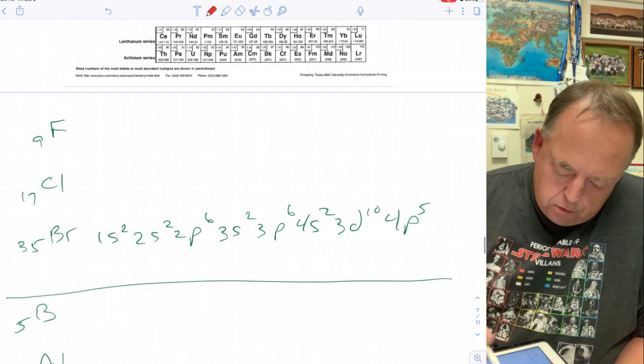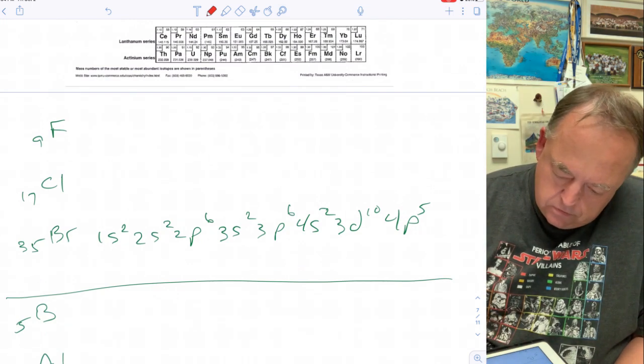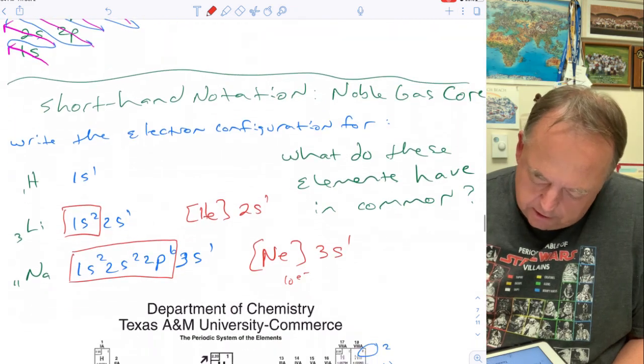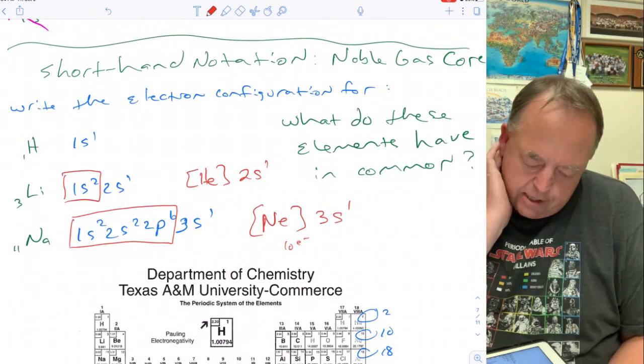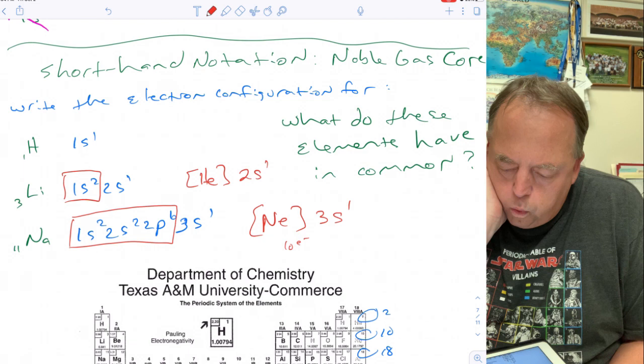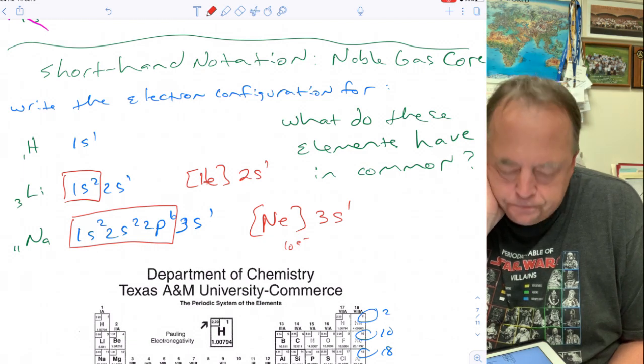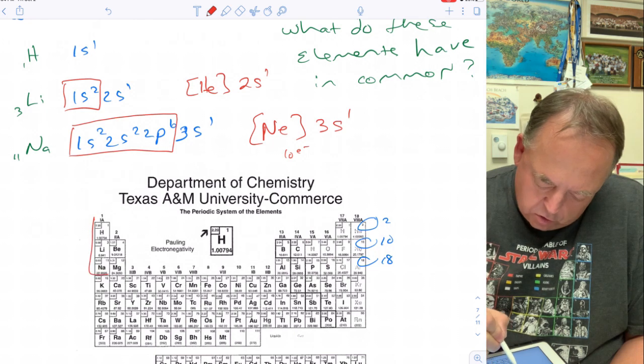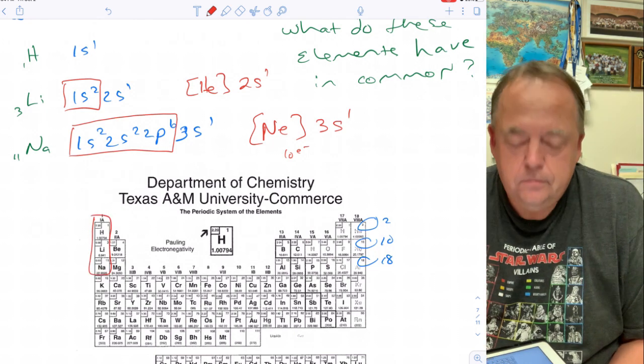So let's do a few more. If we go back to hydrogen, lithium, sodium, what do these elements have in common? One thing they have in common is they're all group 1 metals.